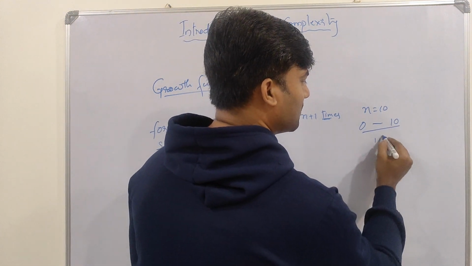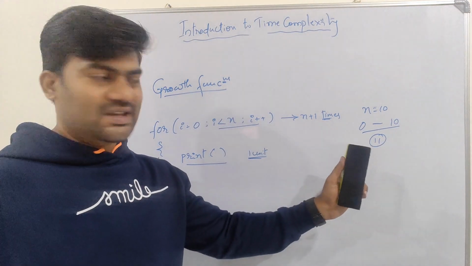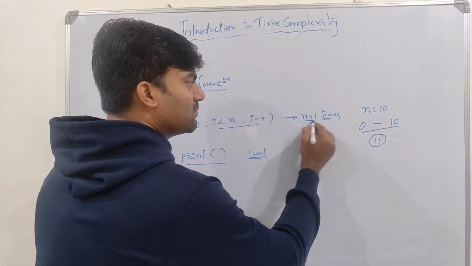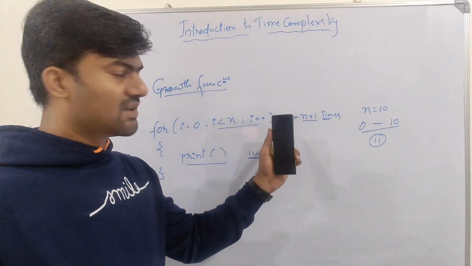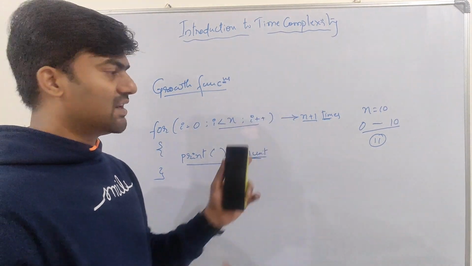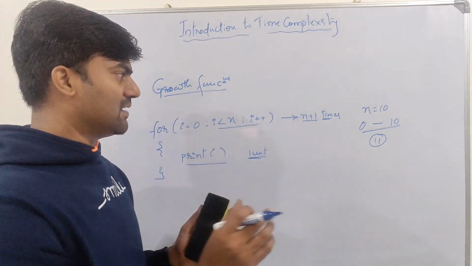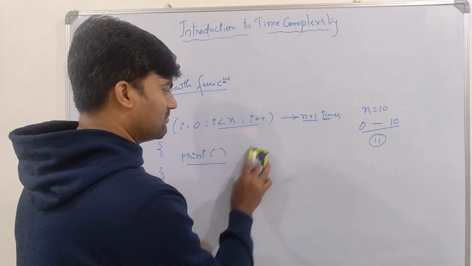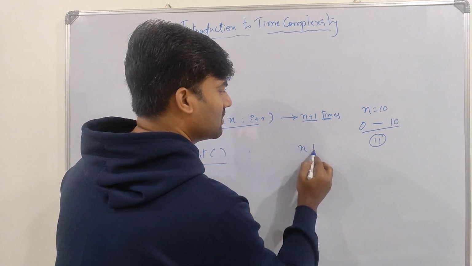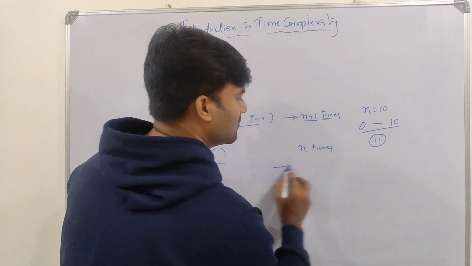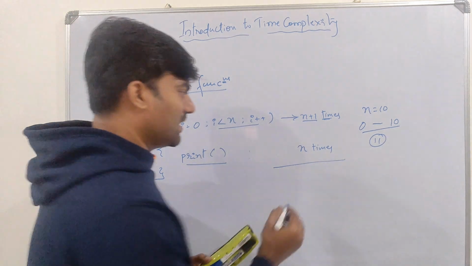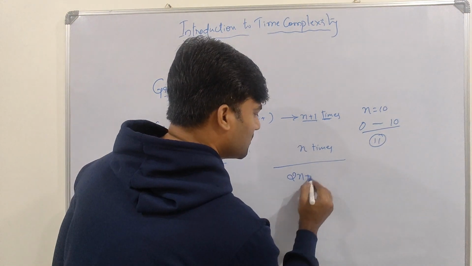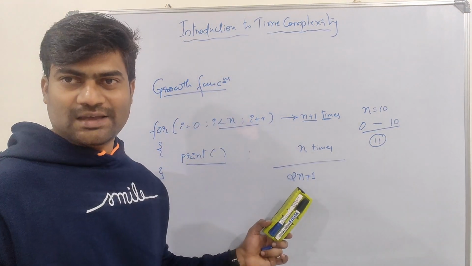Which means it will be 11 times. It executes 11 times, which is n plus 1 times. So if it is executing n plus 1 times, but it stops at the n plus 1 time, the inside thing will execute only for n times. So if we add up, it comes to somewhere around n plus 1 time.